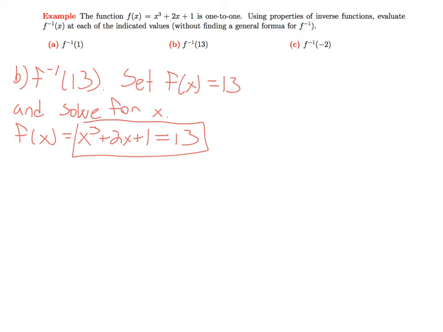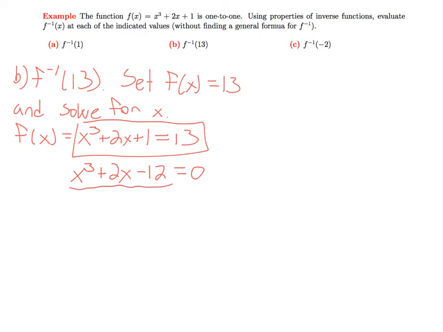Okay, so we could go through a similar process as we did with part A: I want to solve this, so I subtract 13 from both sides, and that gives me this equation, which I can then try to factor on the left side. But this is not that easy to factor.